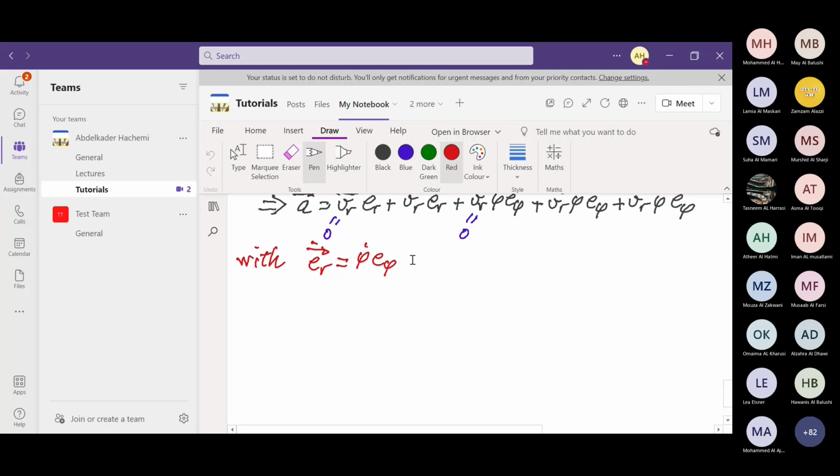I don't know why it's not writing. One moment, please.